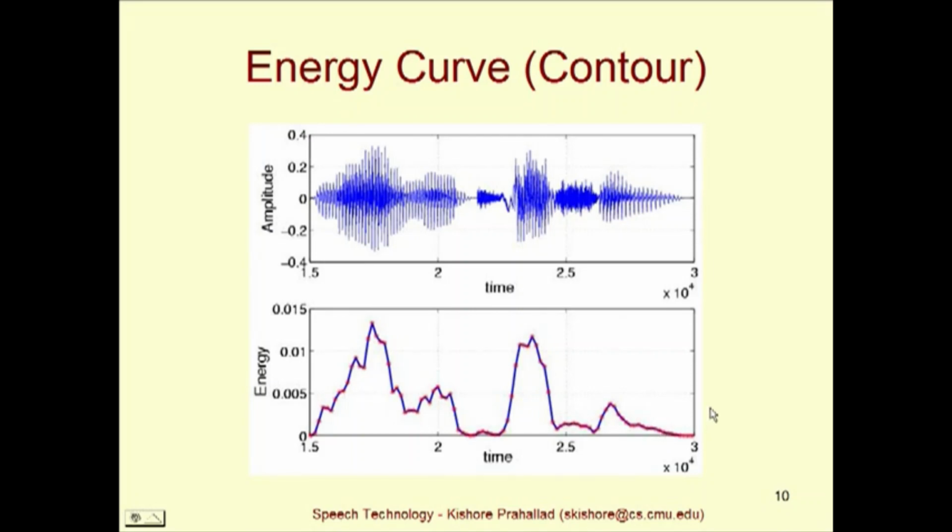This is the basis for our feature extraction. You should understand that speech is processed in terms of short regions, and then we extract from each short region a point or a vector. In this case it's a single point which represents the energy of this signal.